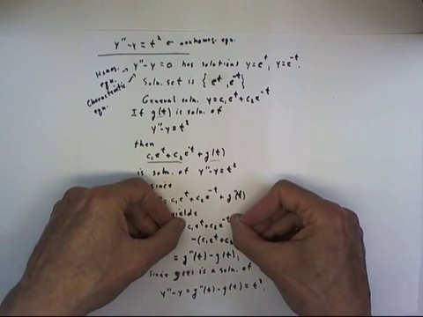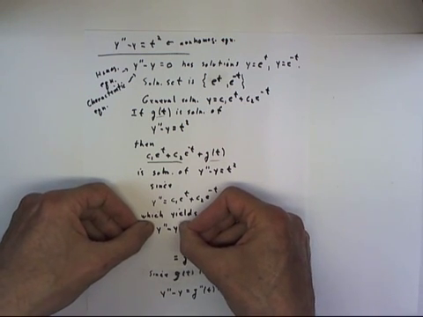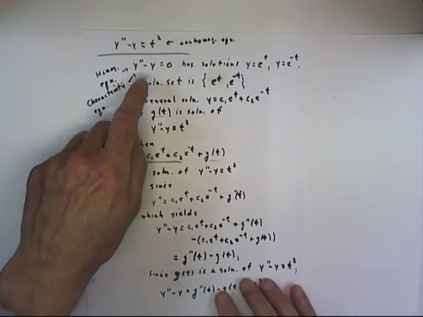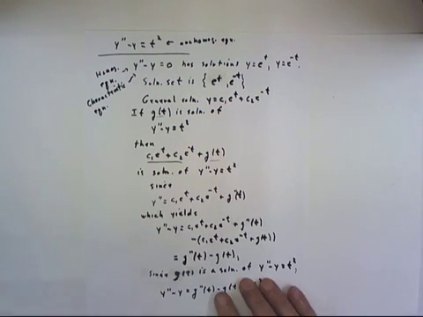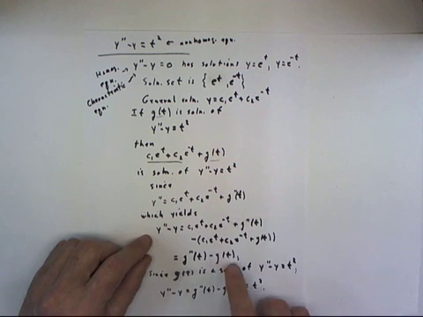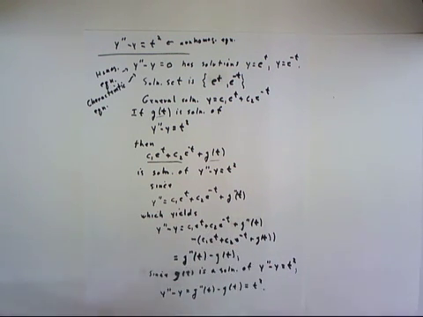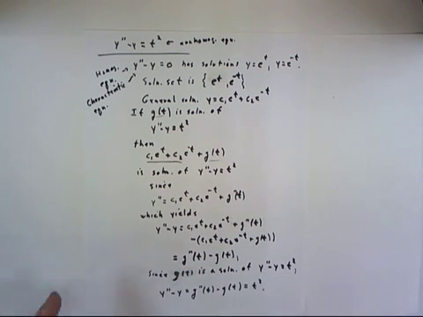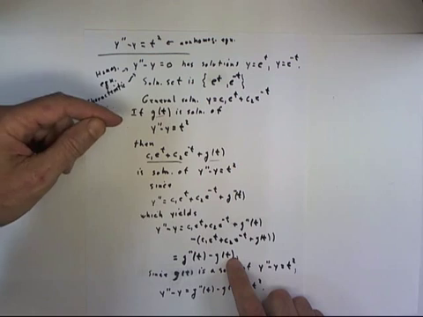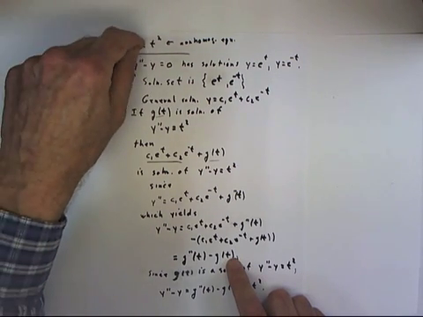The solution to the homogeneous equation is the general function that makes this 0, because the homogeneous equation is this equal to 0. So this term and this term have to cancel out, leaving us g double prime minus g. But g is a solution to our non-homogeneous equation, our original equation.